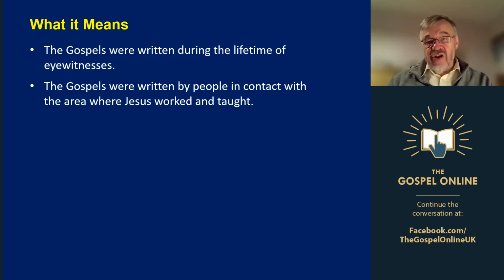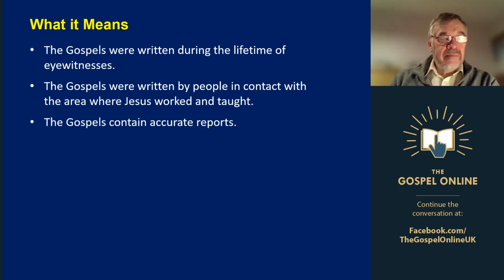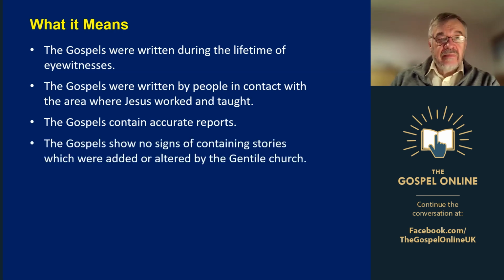So when it says Jesus raised Lazarus from the dead, you could go to Bethany and you could ask people and they'd remember something like that. It wasn't going to be something that could be hidden away. So we can deduce that the Gospels contain accurate reports. There are plenty of witnesses who could say no, they weren't, if the reports weren't accurate.